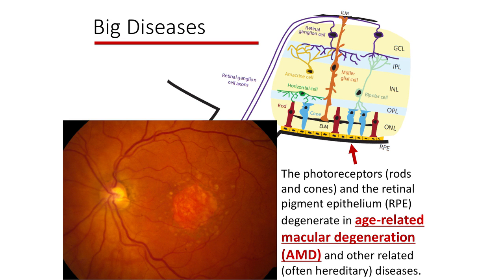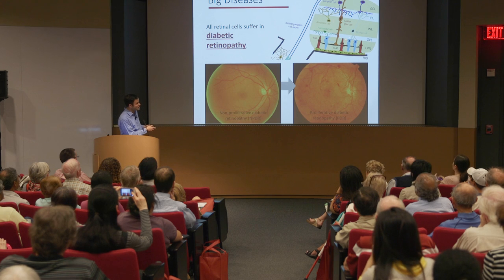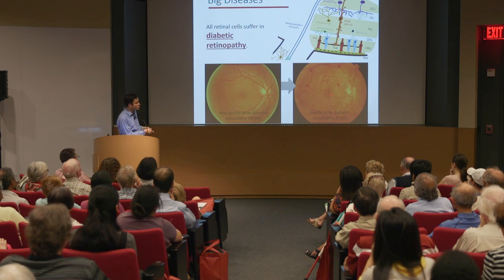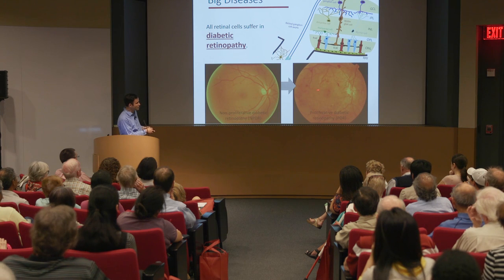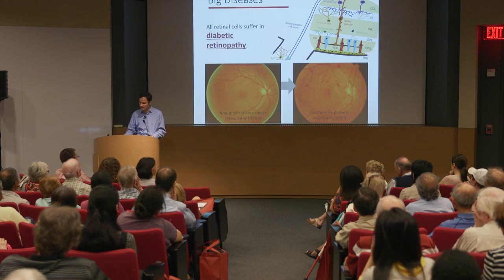Another really, unfortunately, increasing cause of vision loss in our country and other developed countries is diabetic retinopathy. And diabetes actually greatly damages all of the cells in the retina. And again, when we look into the eye, we can tell whether a diabetic is having good blood sugar control and looking pretty healthy, or having trouble with their blood sugar control and accumulating damage.